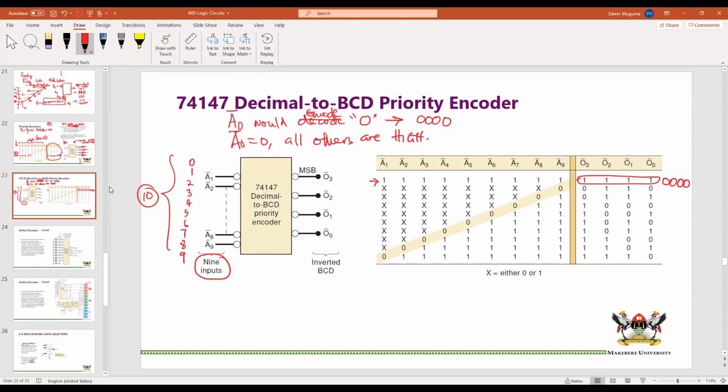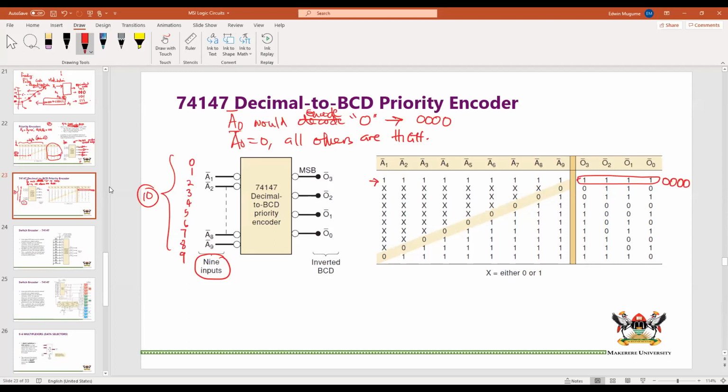In other words, we really don't need to connect A0. As long as all the other nine inputs are in their inactive high states, the output corresponds to what A0 would give us. The code would correspond to what A0 would give us. So we might as well leave A0 unconnected. And if you can leave one input unconnected, it means that you have reduced the number of lines within your encoder, which is better.